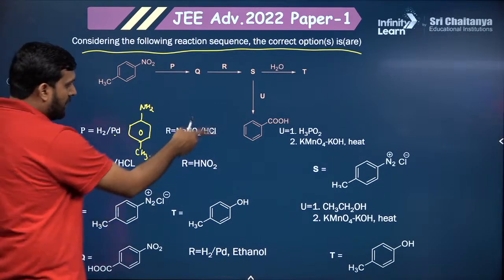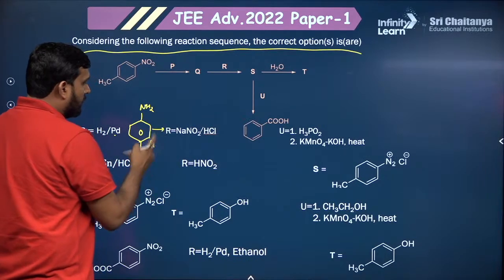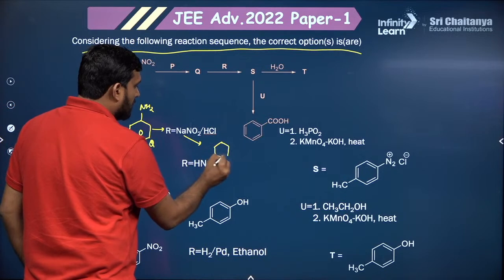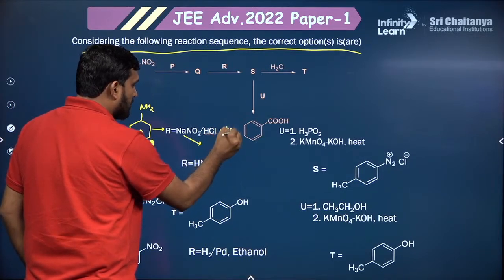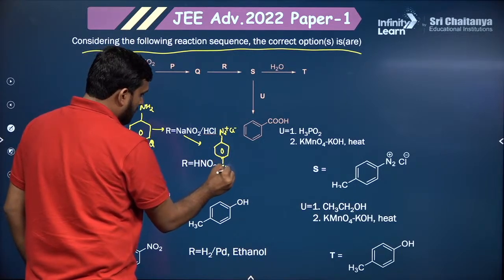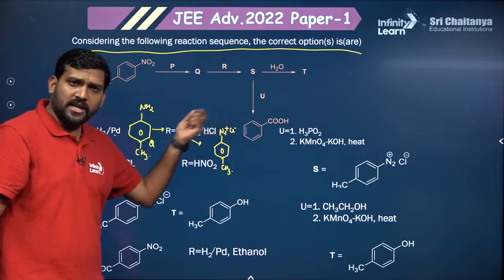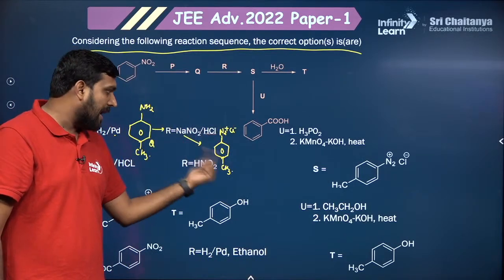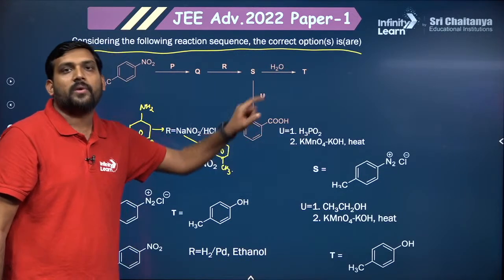Now if you treat Q with NaNO2, benzene diazonium chloride formation will take place, which will be N2+ Cl- along with the CH3. We know that whenever you have to convert any benzene diazonium chloride into benzene, you either use H3PO2 or ethyl alcohol.